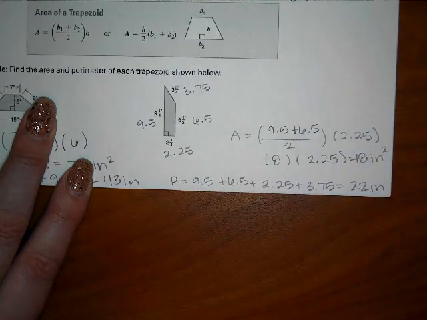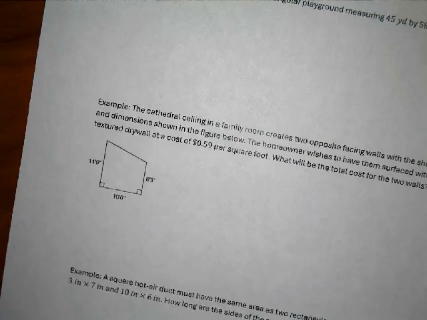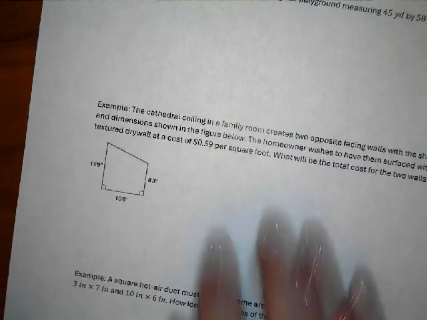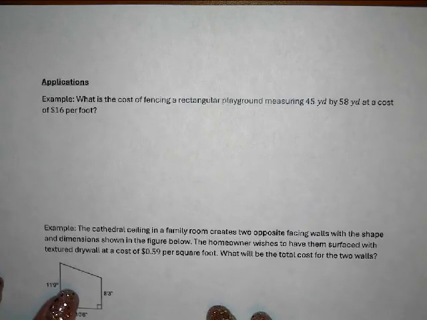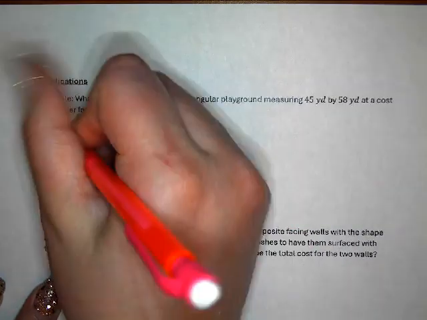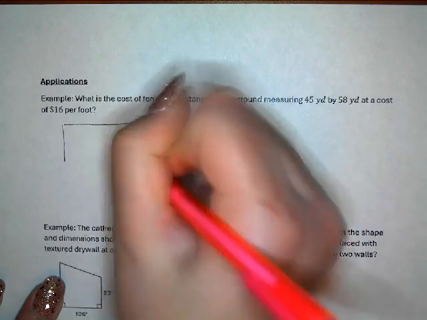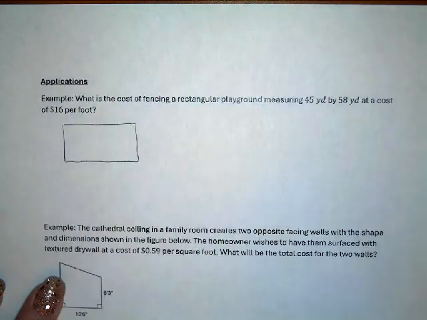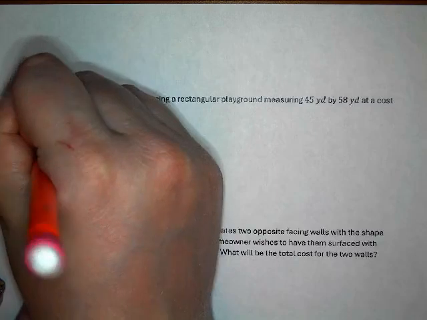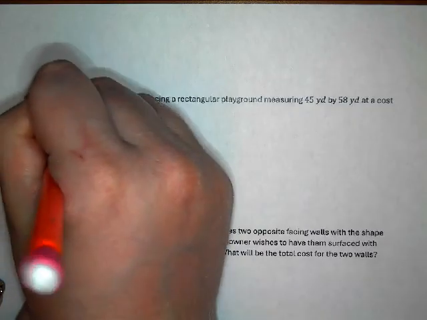All right, and here are some application problems. So it says, what is the cost of fencing a rectangular playground that measures 45 yards by 58 yards at a cost of $16 per foot?